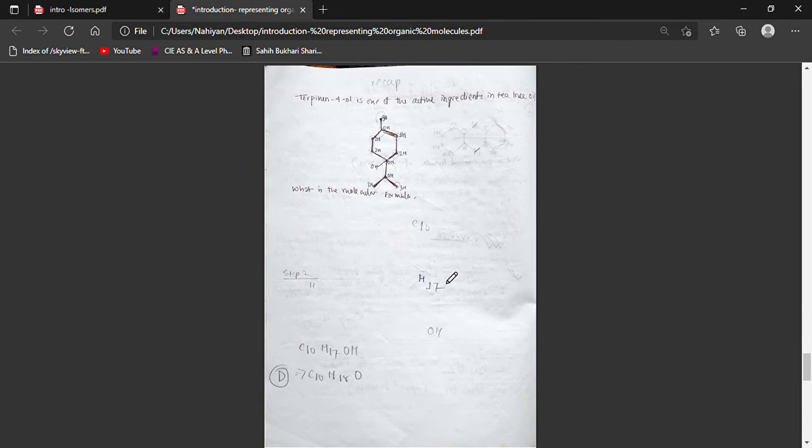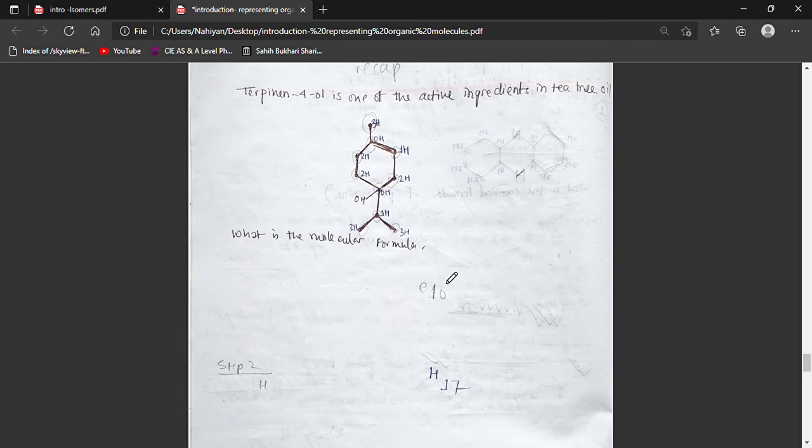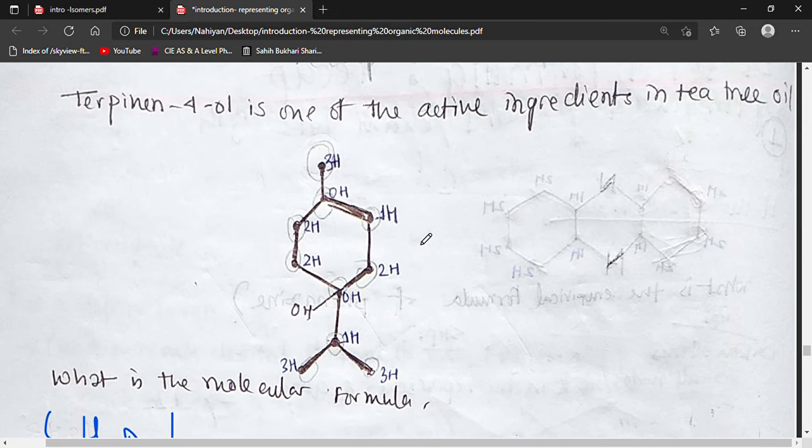Moving on to this question, which asks what the molecular formula is. Step 1 is to count the number of kinks or nodes to find the number of carbons. Let's have a look from the first kink.